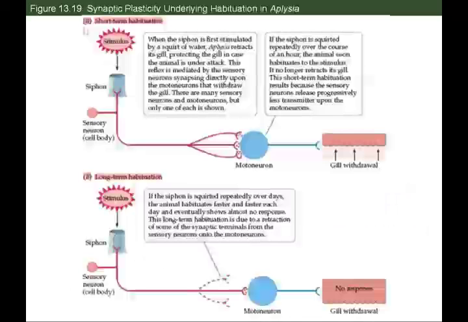Okay, so let's look at another way of representing this information, the short versus the long term. A stimulus, which is the poking of the siphon, with water or poking it or whatever, is going to make it retract itself. And this is because there's going to be less neurotransmitter between the sensory neuron that's feeling the water on the siphon or your poke and making the Aplysia protect itself and withdraw itself.